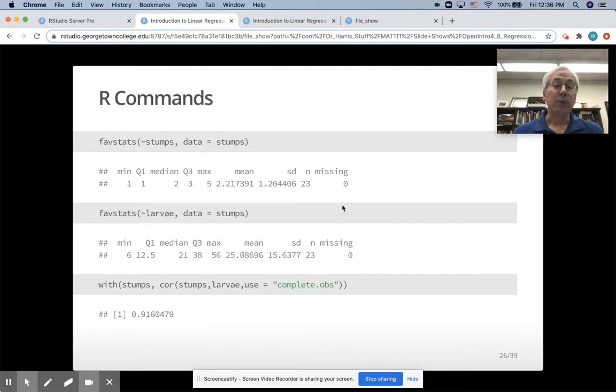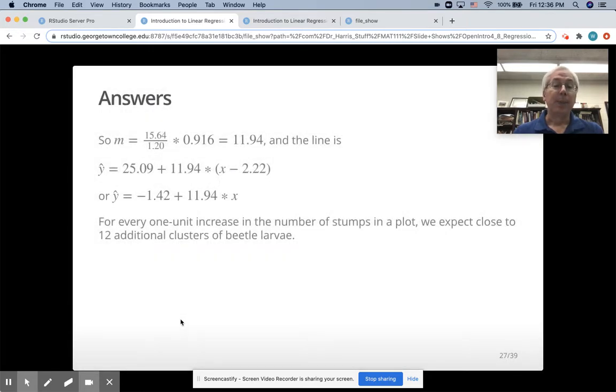And so if you do favstats, you'll get these values for the means and standard deviations. If you do the with cor command, you'll find that this number down here is the correlation. And this would be the approximate value of the slope, and this would be the equation of the line. And so this would be my interpretation of the slope of that line.